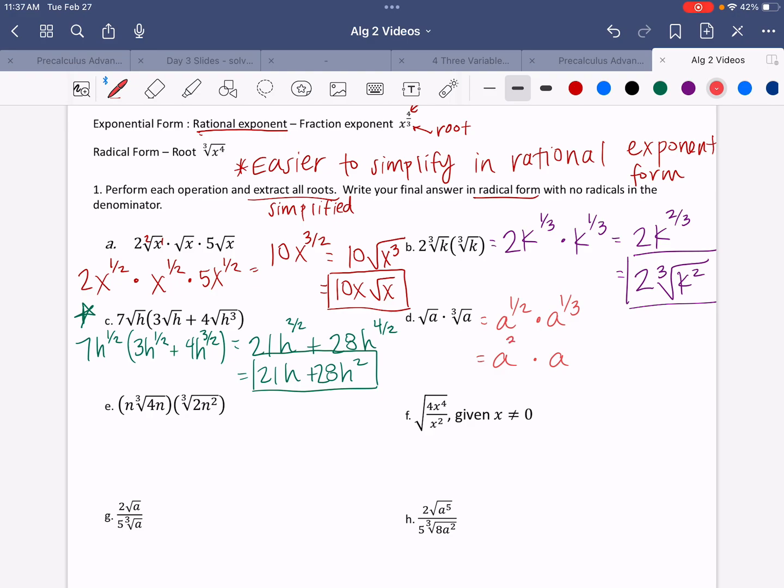I'm going to multiply the first fraction by 3/3, so it's 3/6. The second fraction would be 2/6, and then I get to add them together to make a to the 5/6, which I then have to convert back to a radical because that's how it wants our answers. So the root is the 6th root, and it's a to the 5th power. So it's the 6th root of a to the 5th.